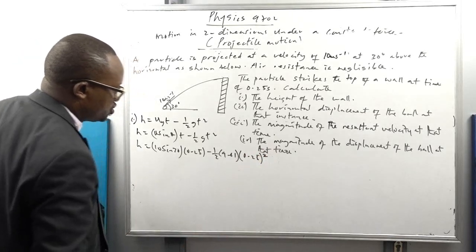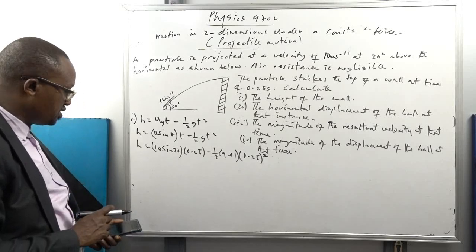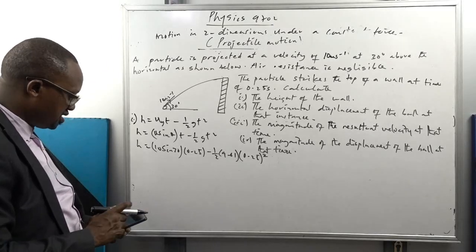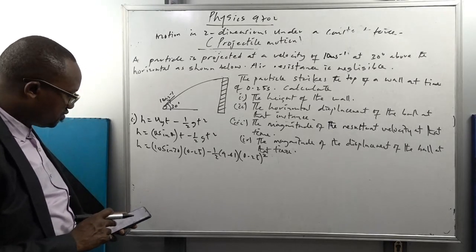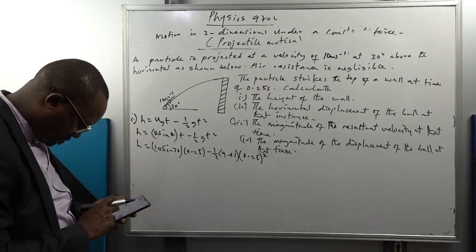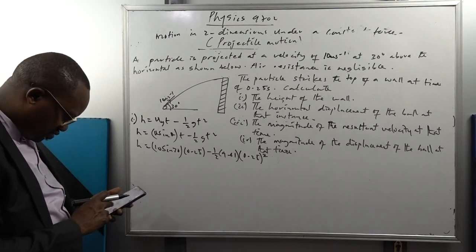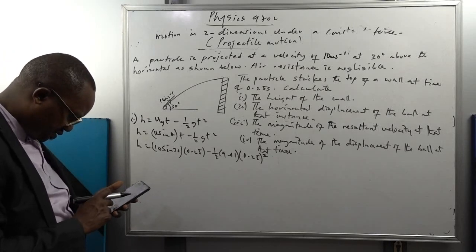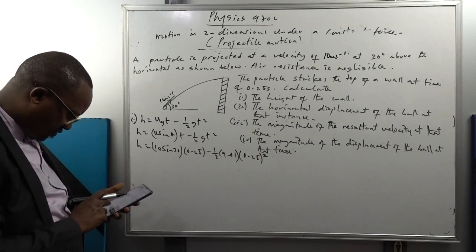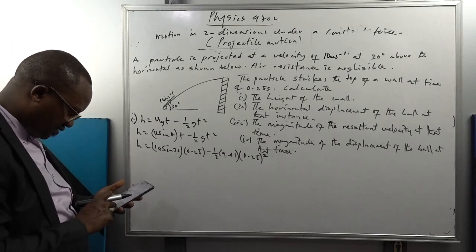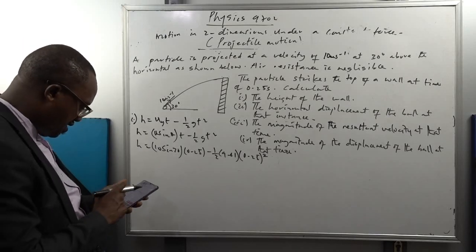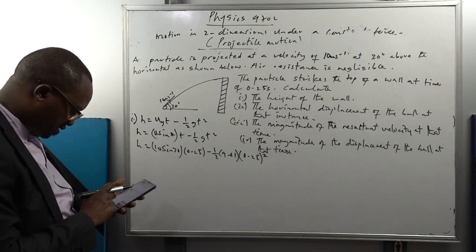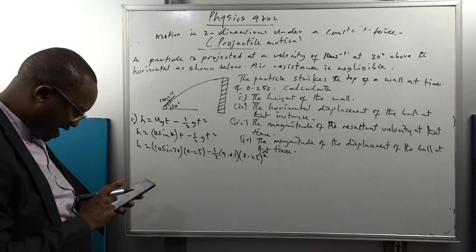So what do we do now? We can use our calculator. If you have a scientific calculator, you can quickly do that. So if you substitute, we are going to have 10 sine 30, you close the bracket, times 0.25, then minus, I have to put everything there in a bracket, half is 0.5 times 9.81 times 0.25 squared.